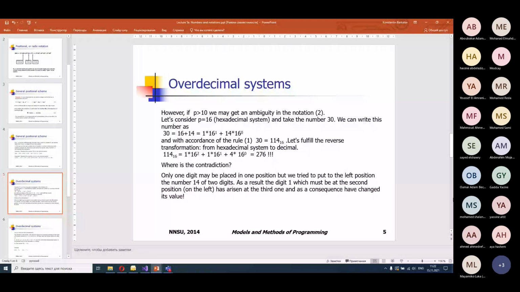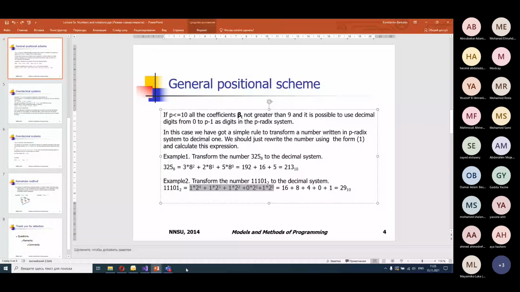Well, let me show one example in Visual Studio. This example is related to the octal system, because the octal system is simpler than the hexadecimal system of notation. Just a very simple example.